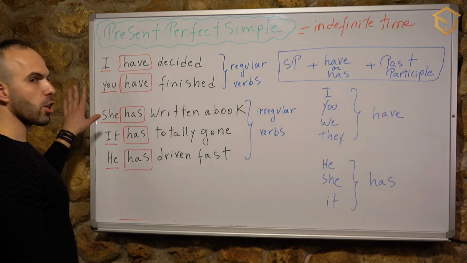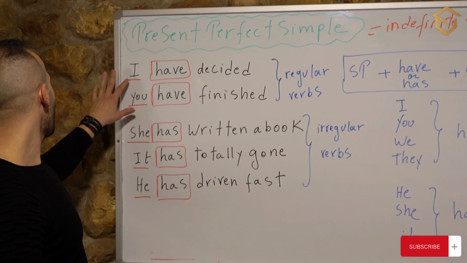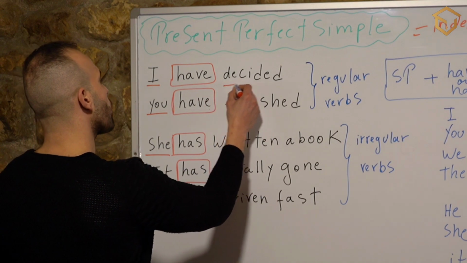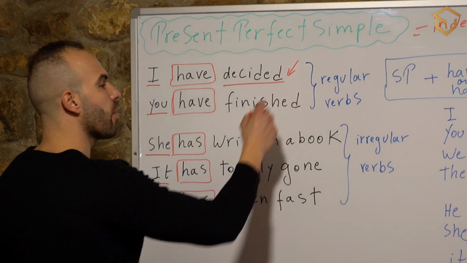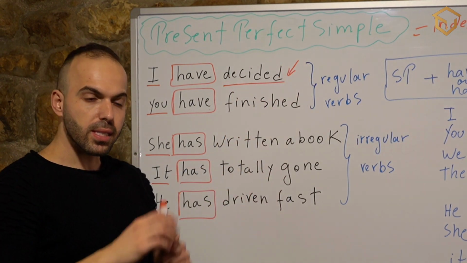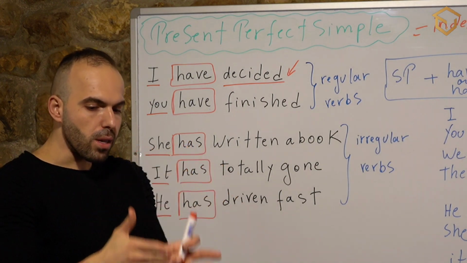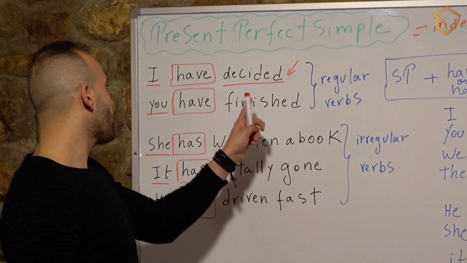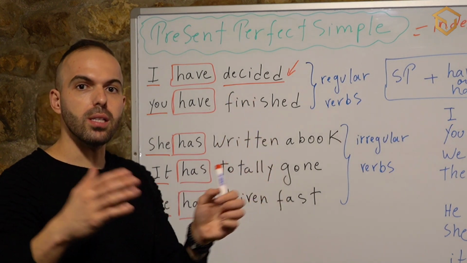Let's focus on this section here. So, I have decided. Decided is a regular verb. The regular verb stays as it is in the past simple and the past participle form. The original form of decided is decide.